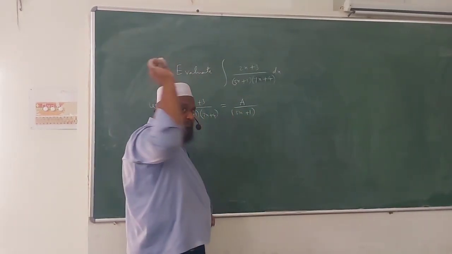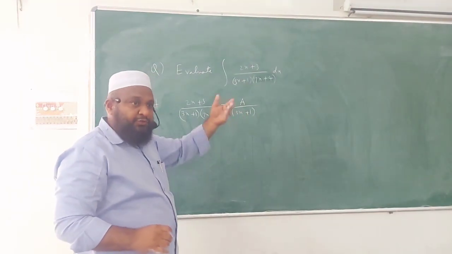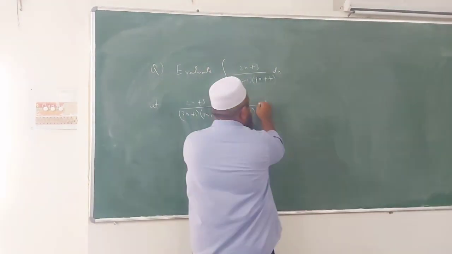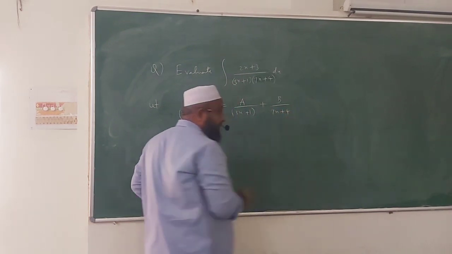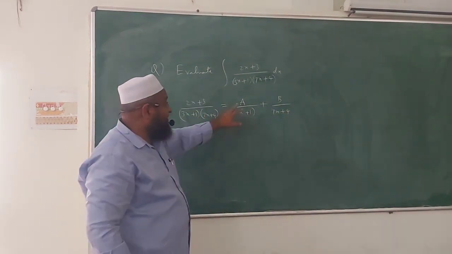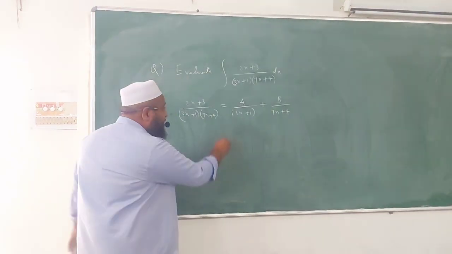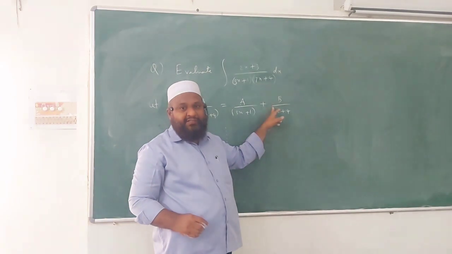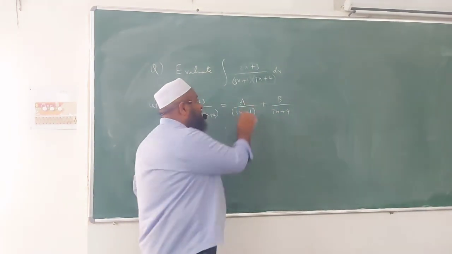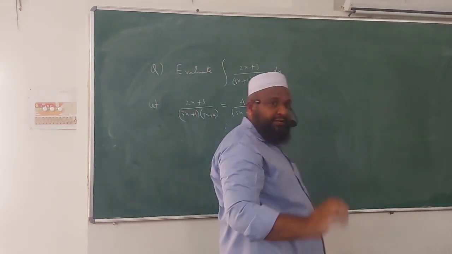There are rules of partial fractions for how to split, you just revise that. If you continue this, you will get some value of a and some value of b. Let it be a and b.